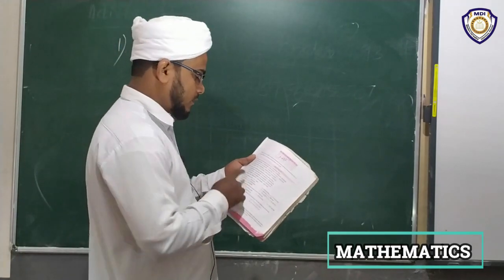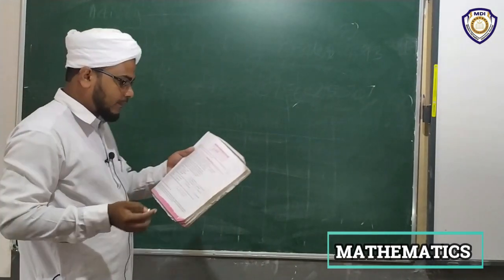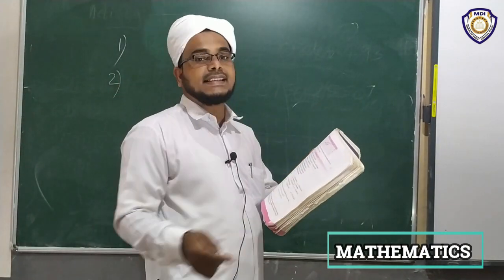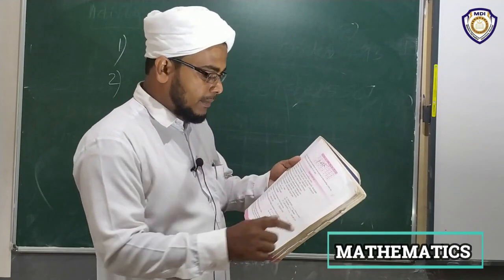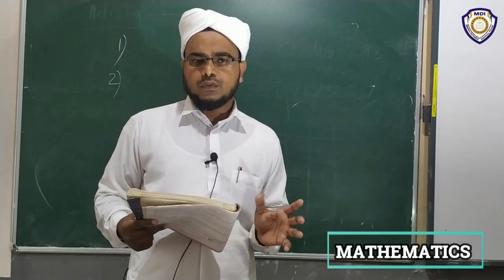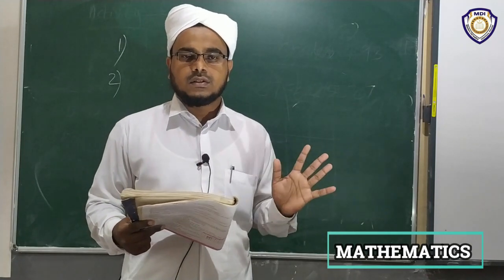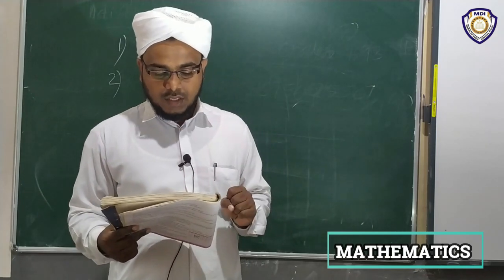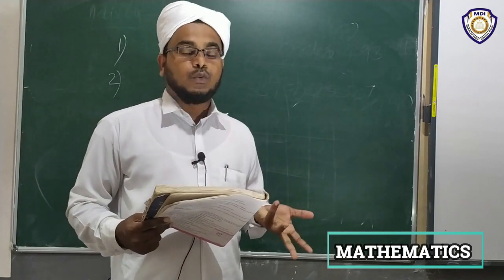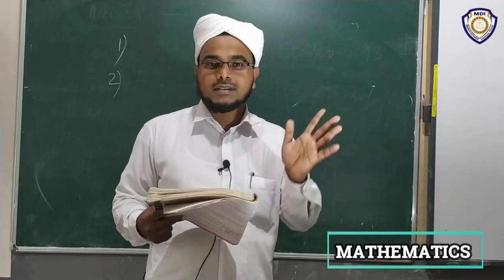Second question: arrange the following numbers in descending order. You have to write in your notebook very carefully. You have to take this very seriously. Mathematics is very tasty if you are ready to spend some time.